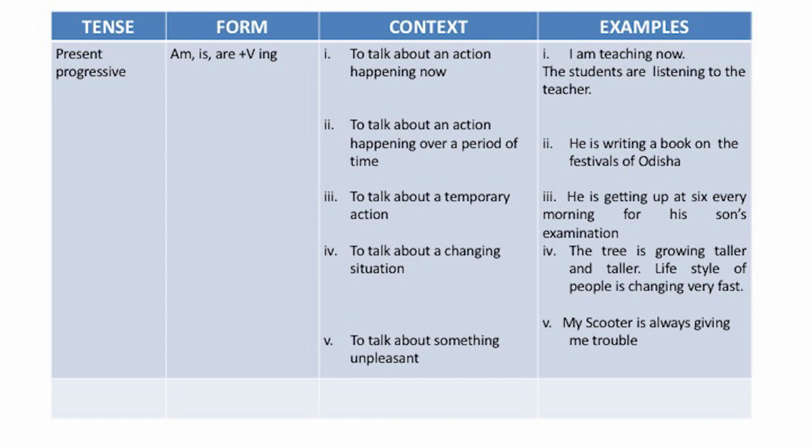To talk about a changing situation, the tree is growing taller and taller. Lifestyle of people is changing very fast. Then to talk about something unpleasant, my scooter is always giving me trouble. So, in this way the two ways of expressing the present time can be represented in a tabular form.